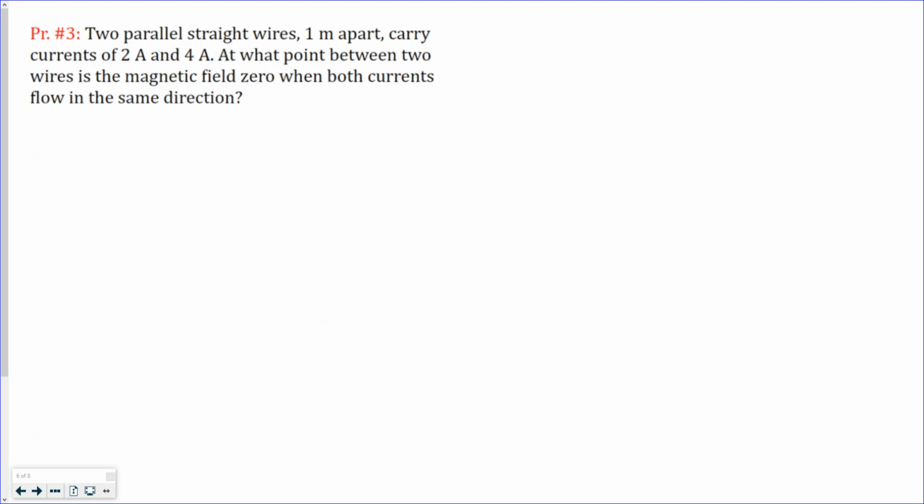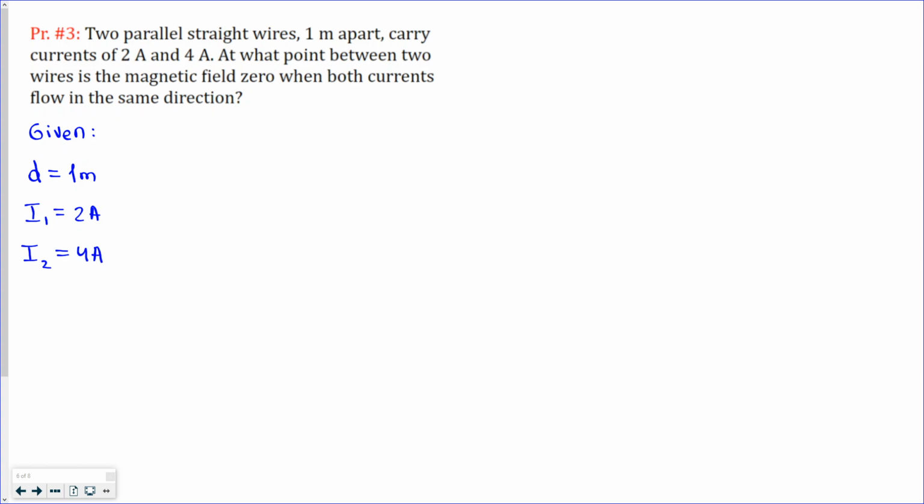The third problem. Again, let's write the given. We know that the distance between two wires is 1 meter and the wires have currents of 2 amperes and 4 amperes.